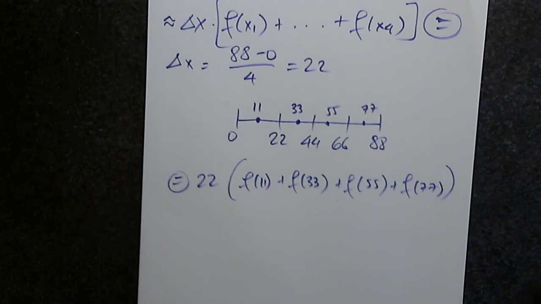And then highlight list L2 and just multiply 22 times list L1. Press enter. We will get all the answers at the same time. And something is not right.